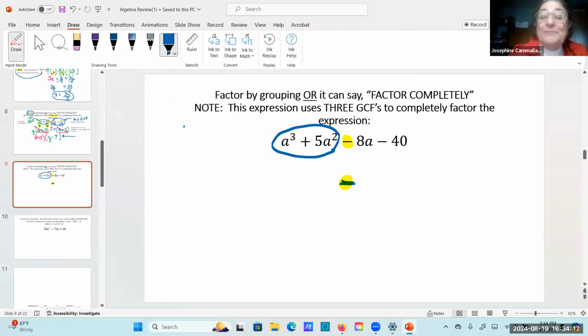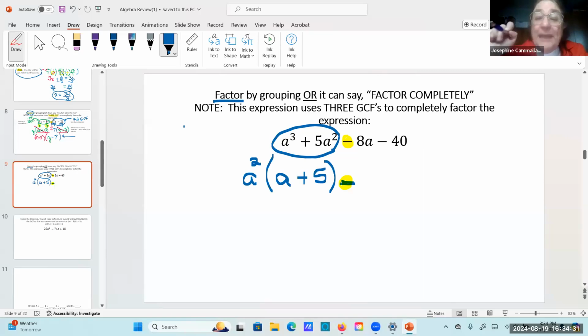These two. The first greatest common factor is a squared. I'm dividing out, which is a plus 5. Because remember, factor means divide out.